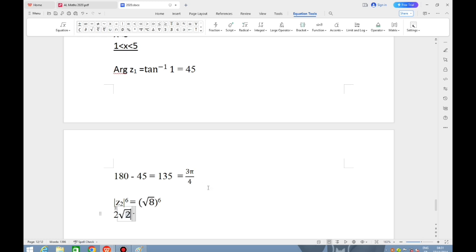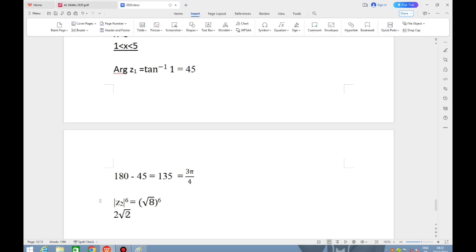That's 2 raised to the power 6, which is 64, and root 2 raised to the power 6 is equal to 8. So 64 times 8 is equal to 512.